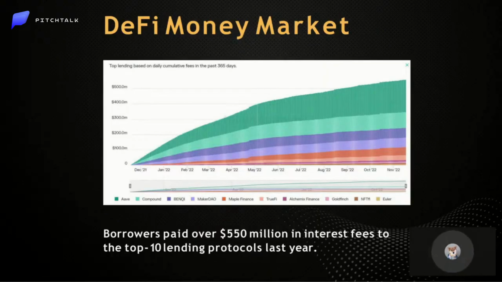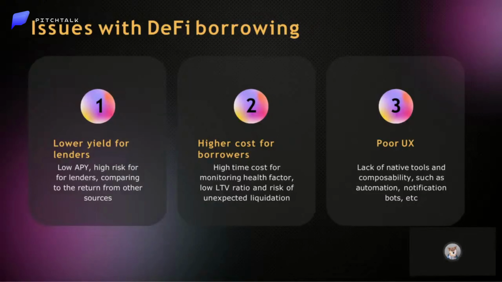The DeFi money market is quite big. Last year, the interest accrued by all the lending protocols was over 500 million. However, there are still some problems within that market. For lenders, the yield is low compared to the high risk, and compared to the return from other sources, DeFi lending yield is not high for now.